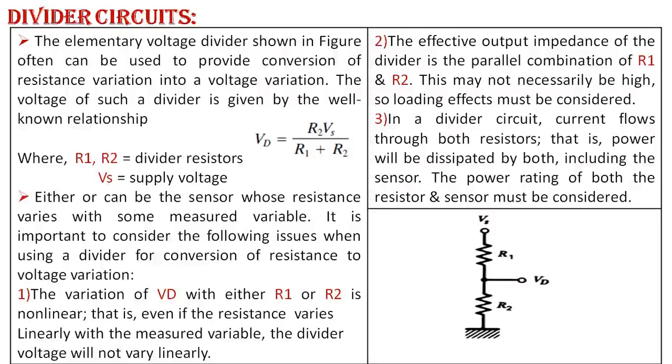The effective output impedance of the divider is the parallel combination of R1 and R2. This may not necessarily be high, so loading effects must be considered. In a divider circuit, current flows through both resistors, that is, power will be dissipated by both, including the sensor. The power rating of both the resistor and sensor must be considered.